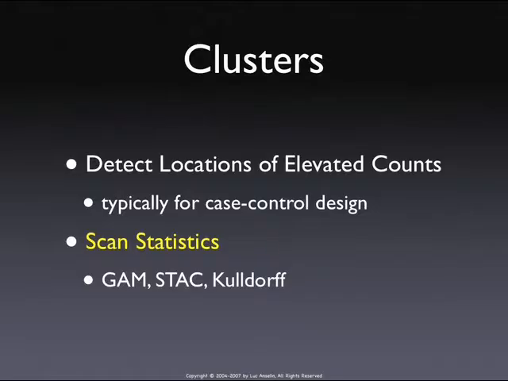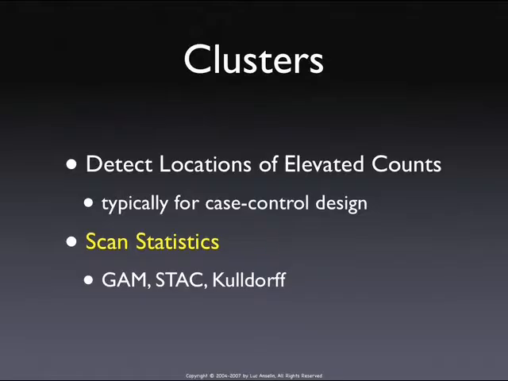Not just on average, as in the case of the clustering statistics, but specifically location specific. We find here there are more events than there should be, and we can attach a p-value to that, and by means of that p-value we can reject the null hypothesis of randomness in favor of an alternative of a cluster in that specific location. And a family of statistics that do this are called scan statistics.